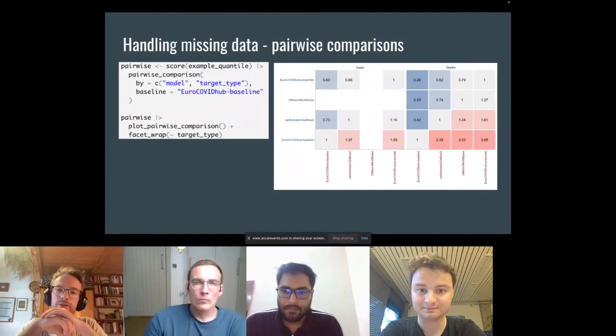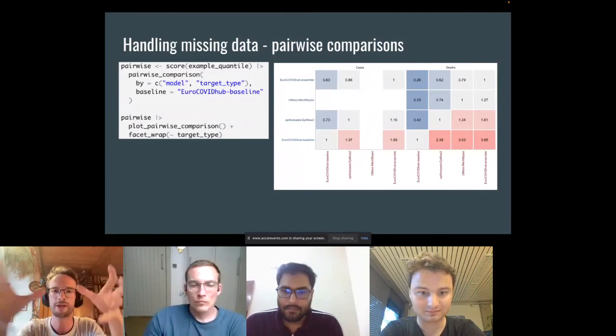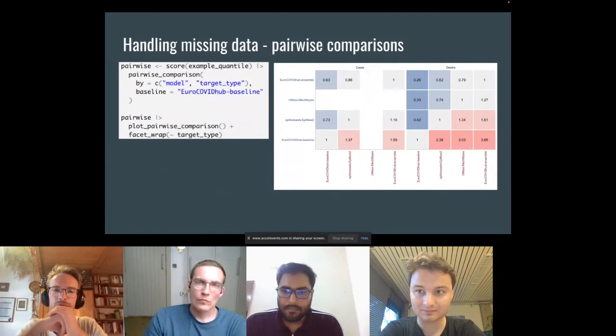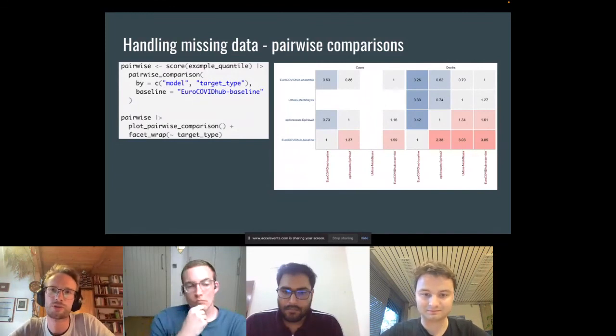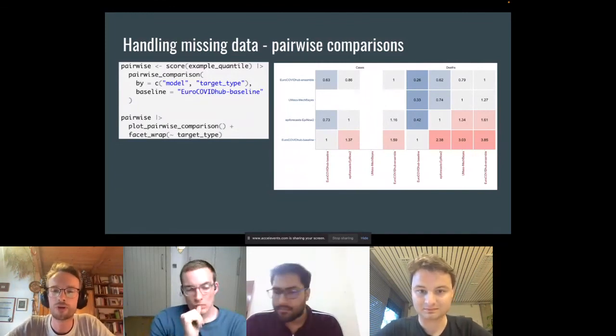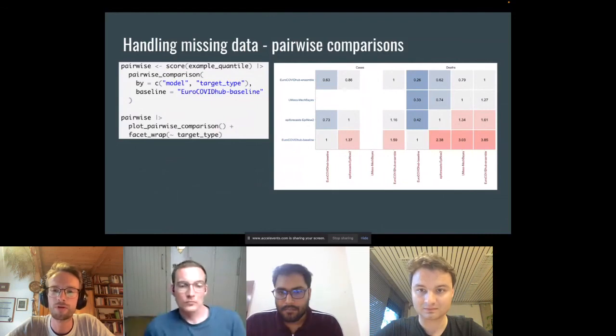But it might also mean that the focus of the evaluation shifted to where you have forecasts from both models. So we would generally not recommend doing pairwise comparisons if you have models that haven't made a prediction for at least 50% of all the forecast targets.